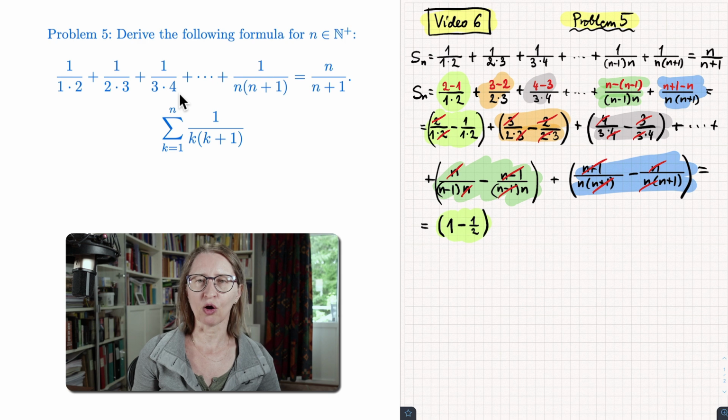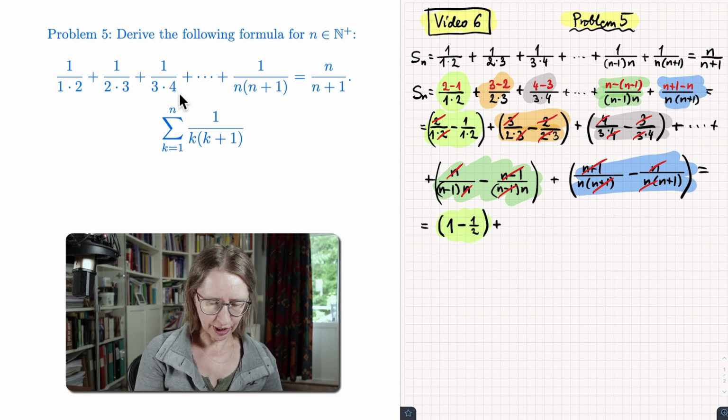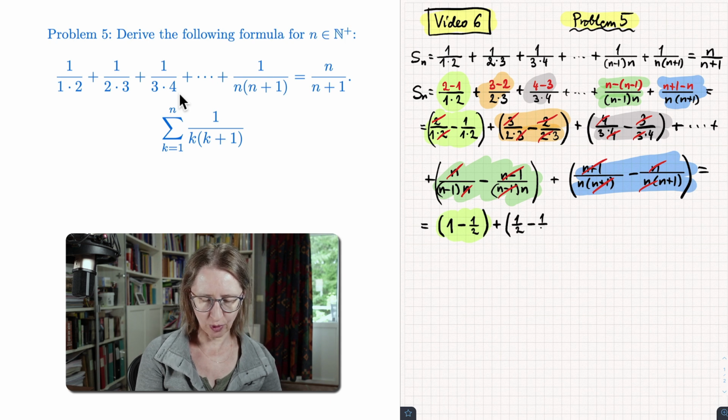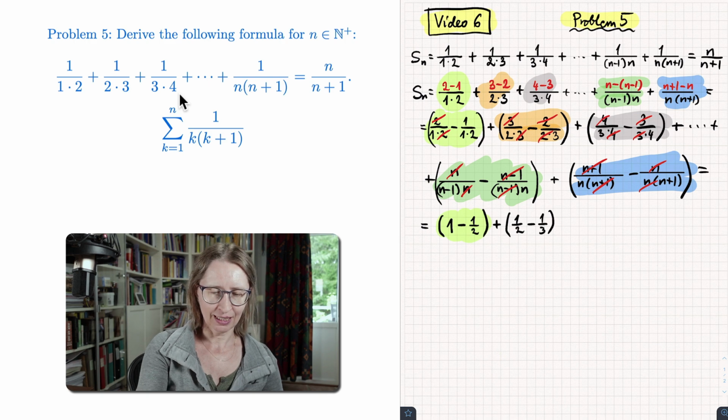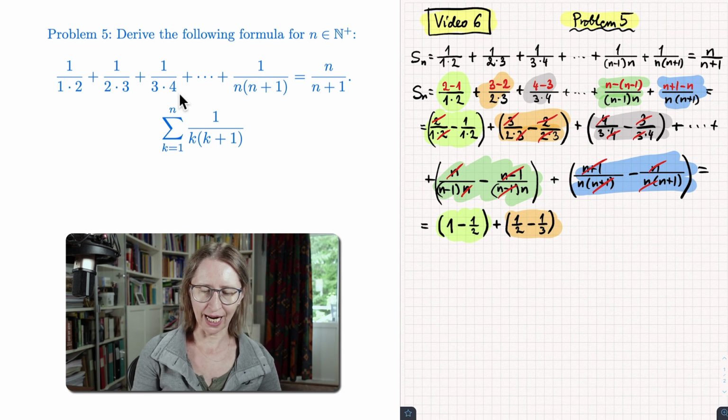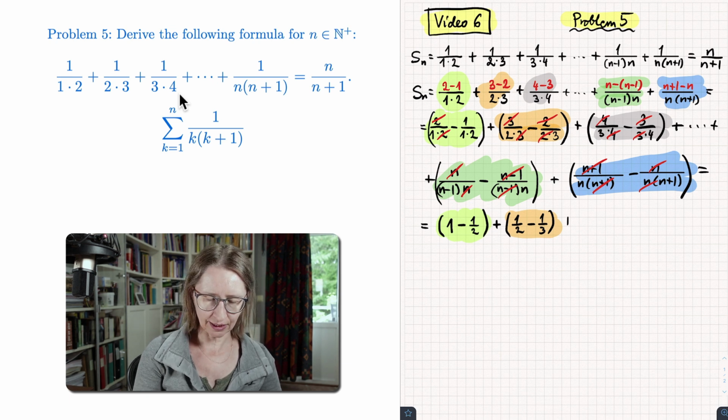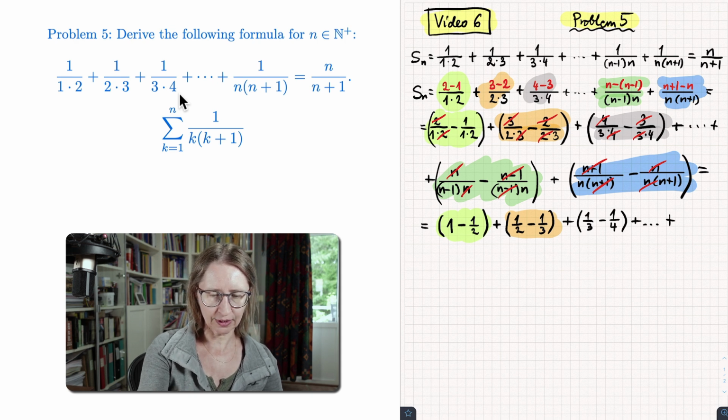Then I move to the orange one, and in the orange one I get 1/2 minus 1/3, right? So here is this orange part. Then I move to the gray part. The first fraction is 1/3, the second one is 1/4. And then it continues.